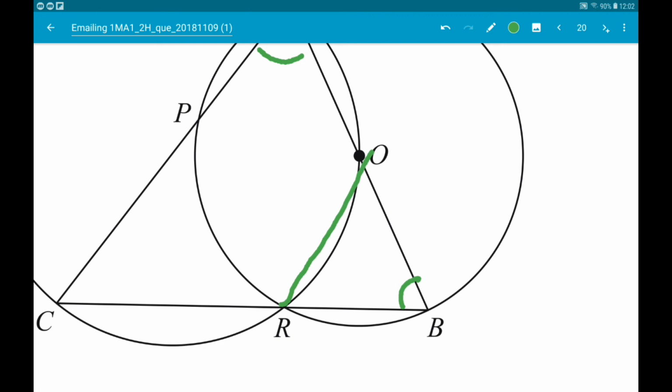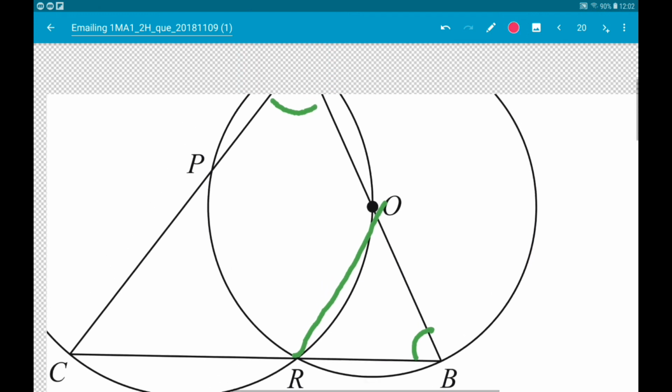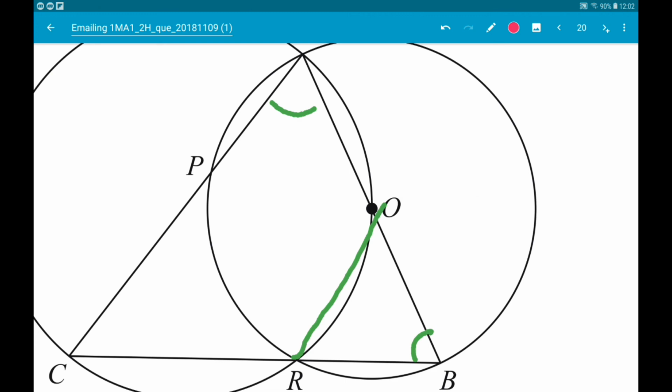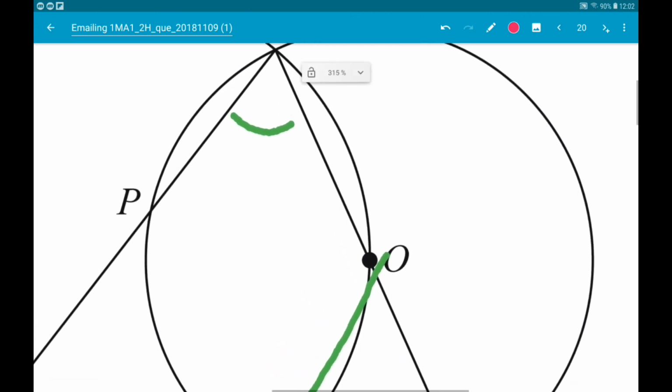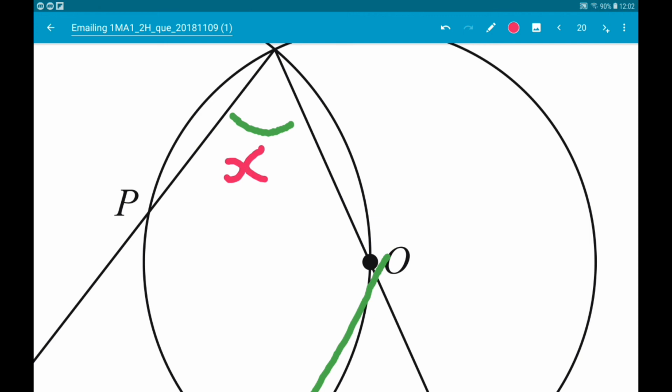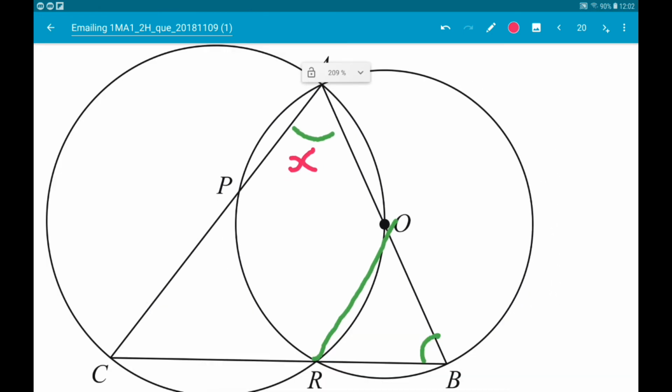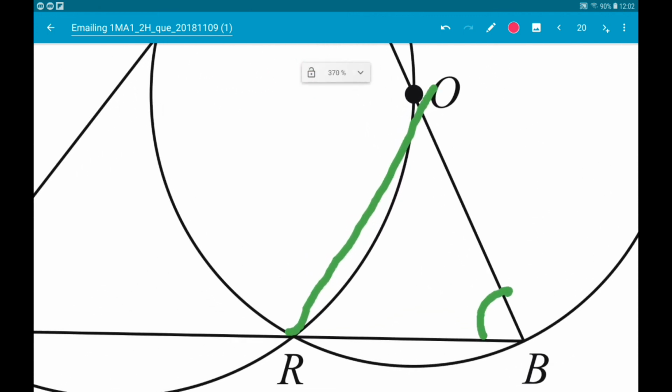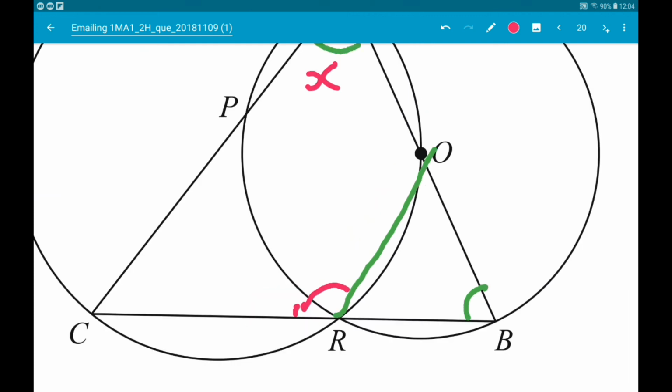So, if we call angle CAB, let's call it X, and then by the cyclic quadrilateral theorem, we know this angle down here, well, that and angle X need to add up to 180, so this angle is 180 minus X.